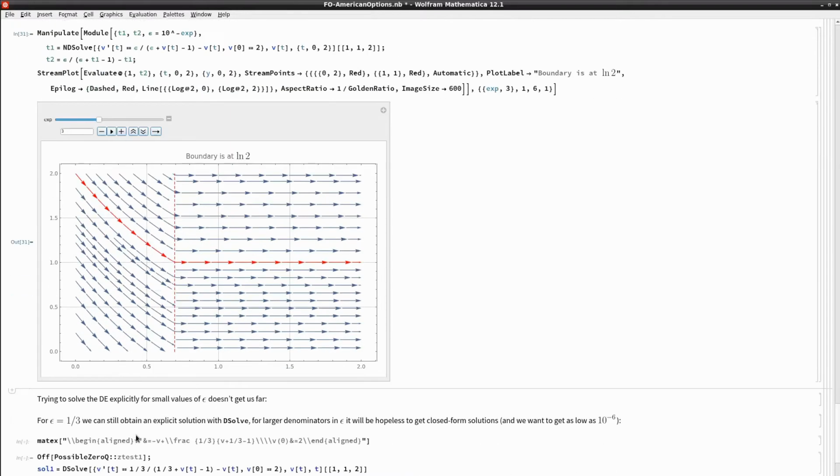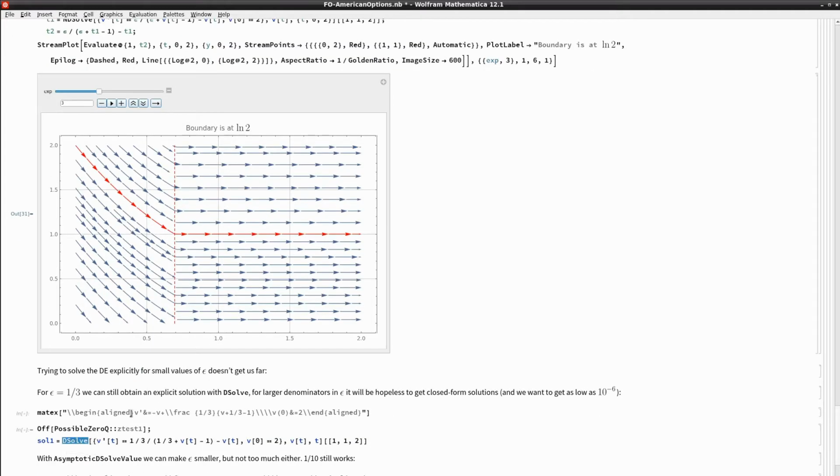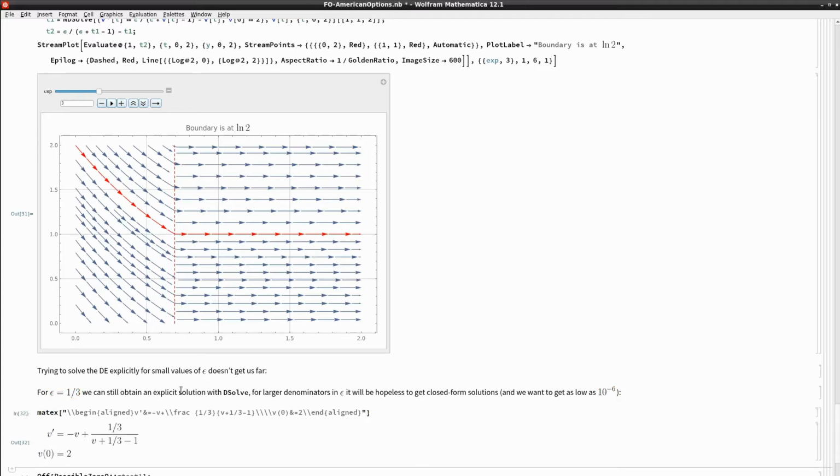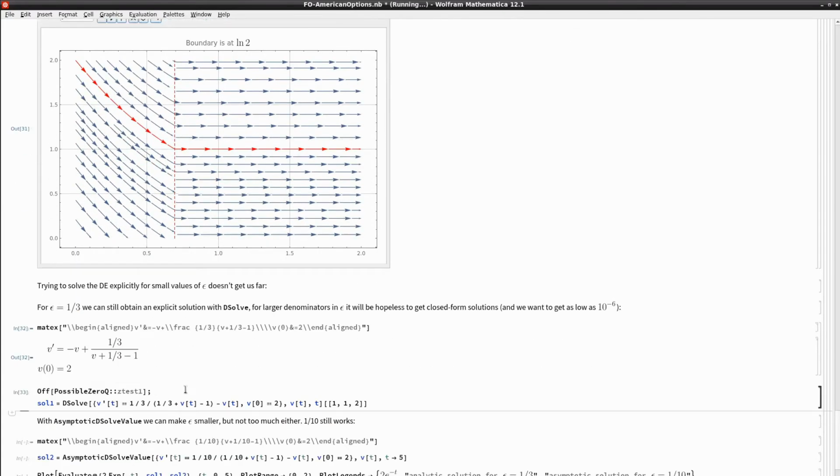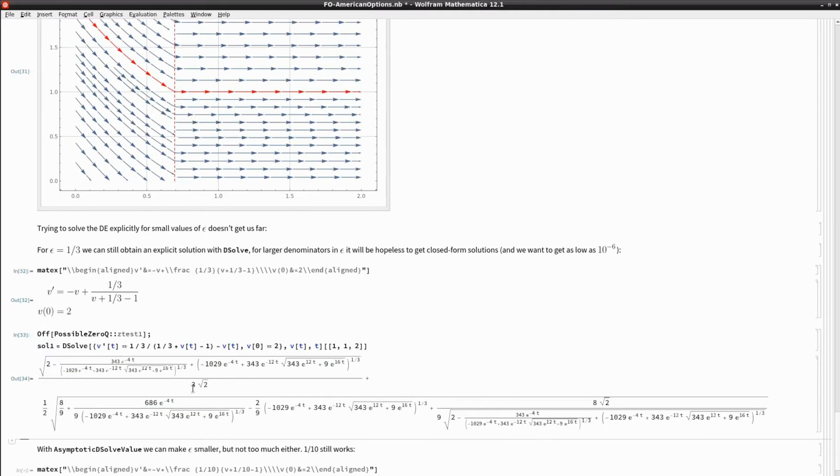Okay, so if we wanted to solve this explicitly, then we'd be chewing granite. If we want to use an explicit solver like DSolve, we can still do it for an epsilon of 1/3, which again, we want to get numbers as low as 10 to the minus 6, all right? For 1 over 3, we can still get an explicit solution, but it looks pretty terrible, I would say.